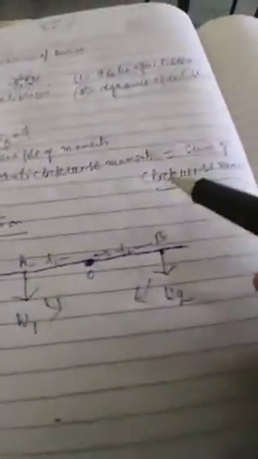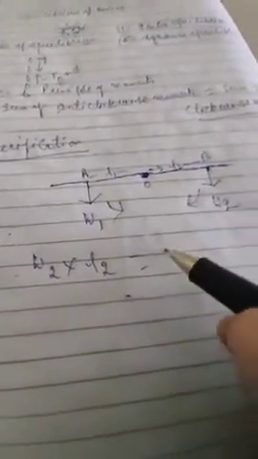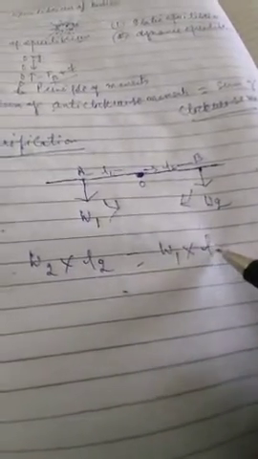So according to the principle, the sum of anti-clockwise moments you can take from here. What will it be? That is W2 into L2. This is equal to W1 into L1.